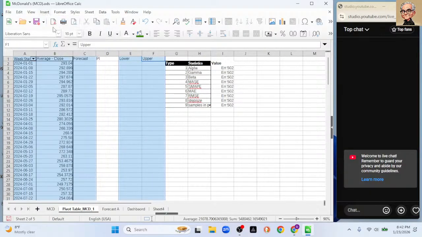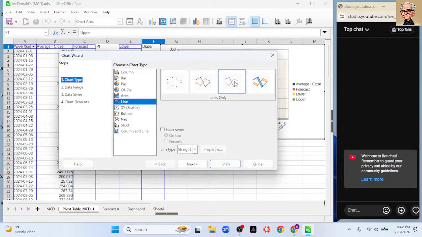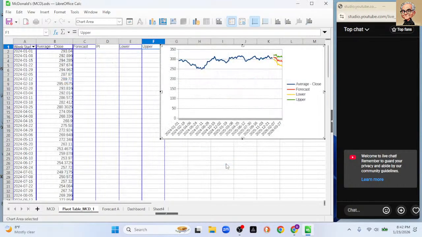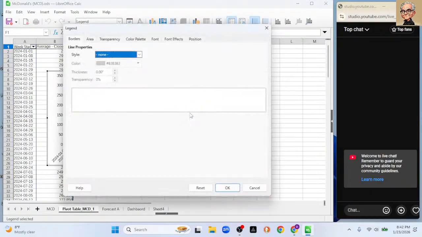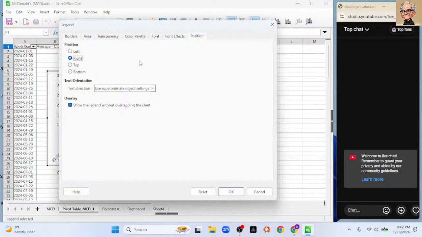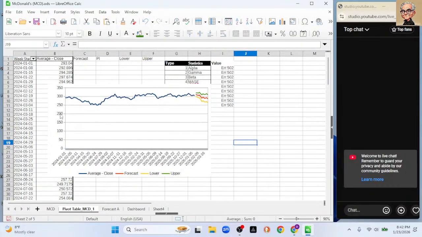Insert chart, line, okay. Let's move this to the bottom and come up here and adjust our y-axis.